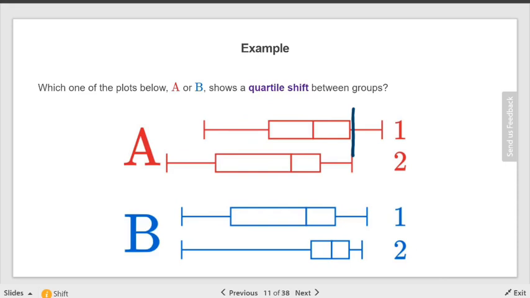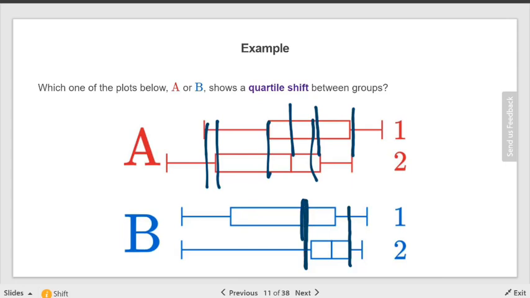That's not above one quartile. Is it showing a quartile shift there? No. Now look at the bottom one. That one isn't either. But which one is? That one.